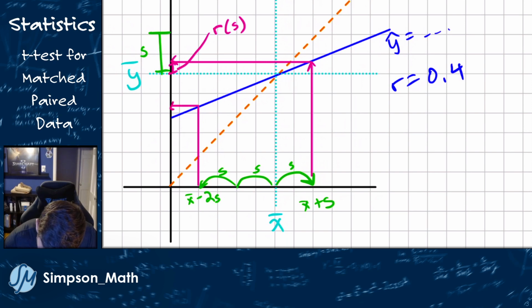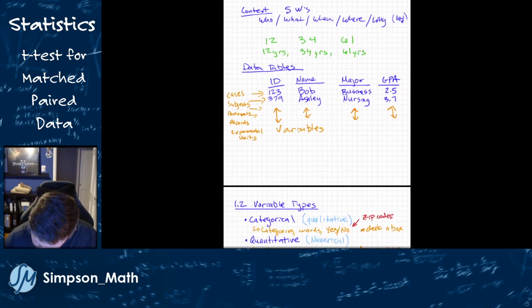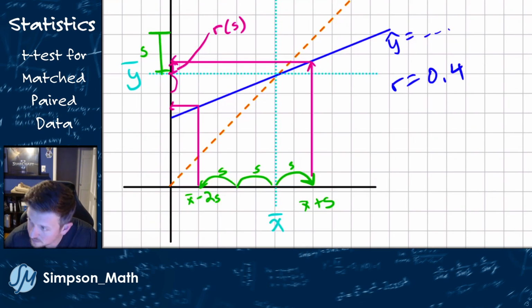On my graph here, this would be about 1 standard deviation below the mean. And so this distance right here is specifically going to be r times 2s, because I'm going 2 standard deviations.